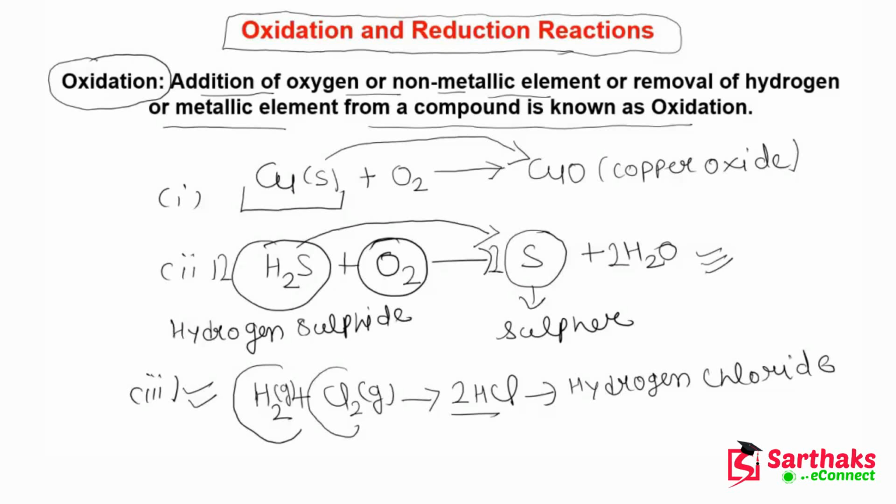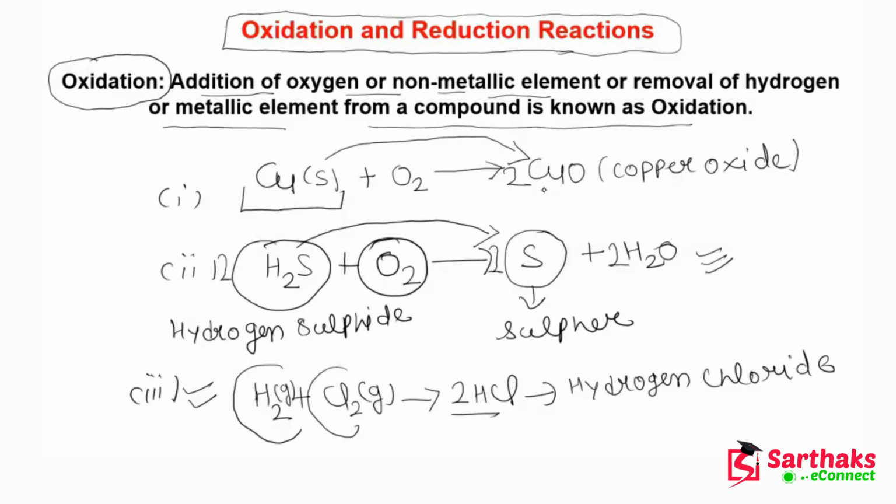I will simply multiply here with 2. Okay. But now what happened, guys? I multiplied here with 2, then the number of oxygens becomes 2, and oxygen is balanced now. But you can see that the number of copper also becomes 2.